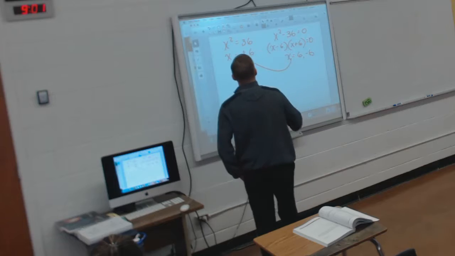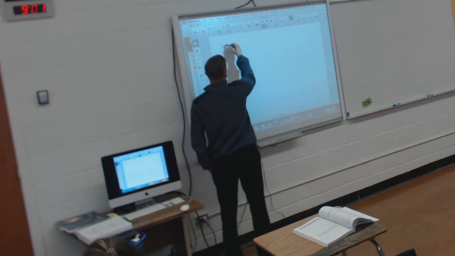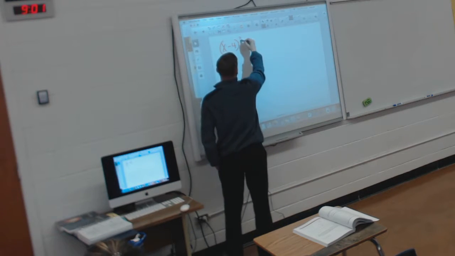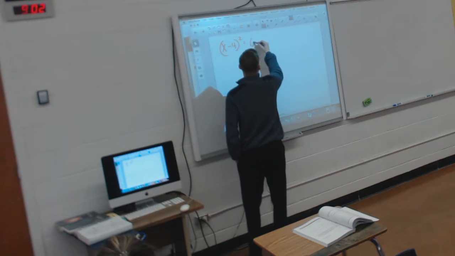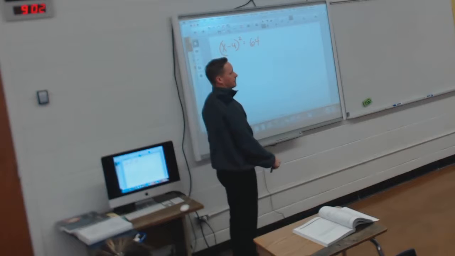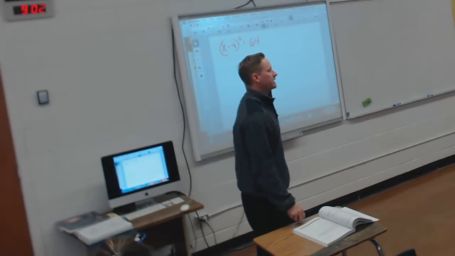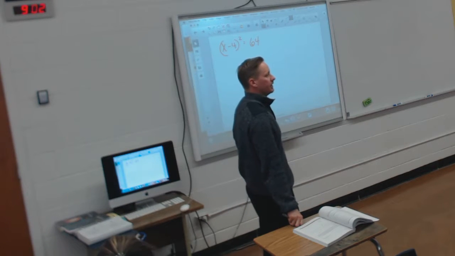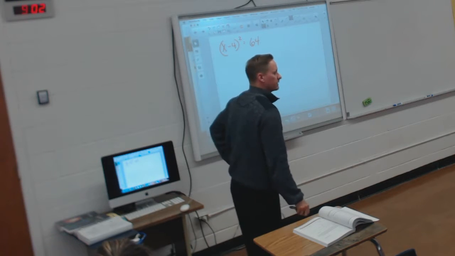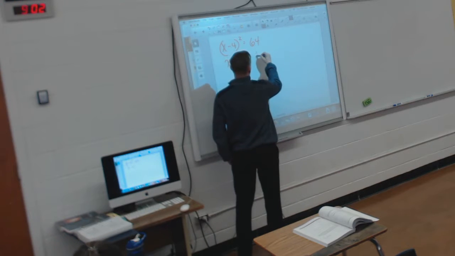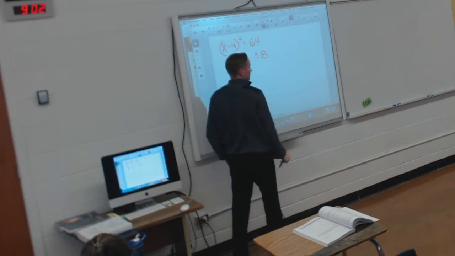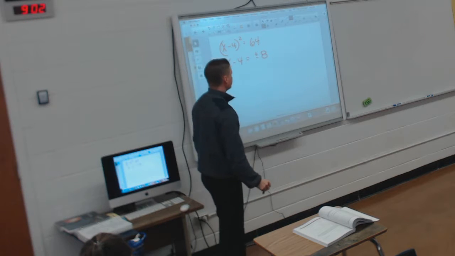Okay? So the next question is this. So we go x minus 4 squared equals 64. Okay? I've got to solve for my x here. First thing I want to do, once I have the x isolated on one side, is square root both sides. So I get x minus 4 equals plus minus 8.